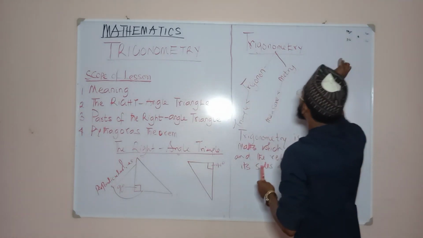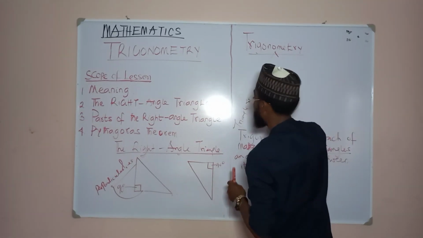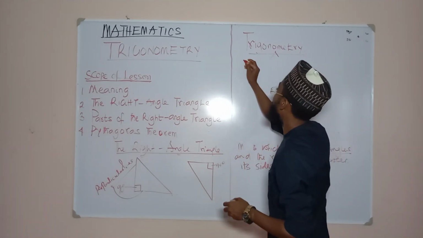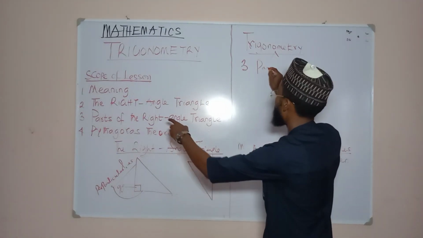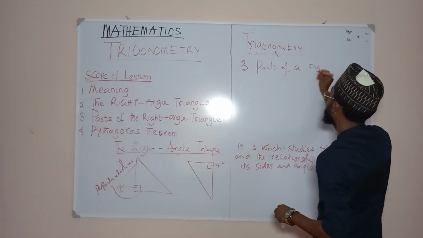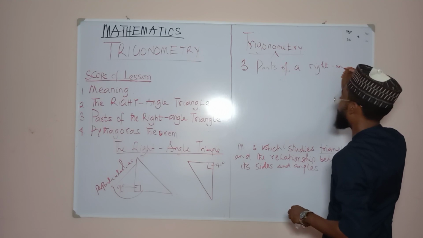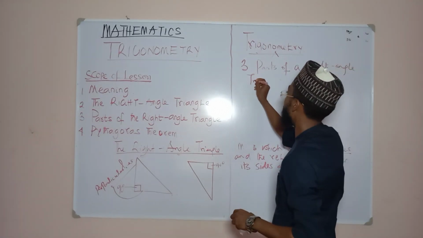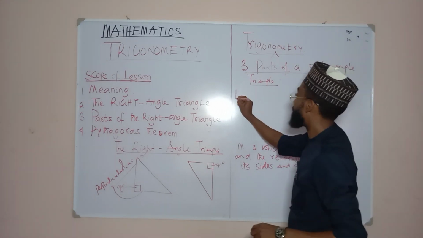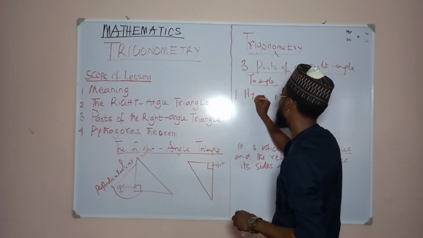We will go forward and talk about the parts of a right angle triangle. There are three parts of a right angle triangle. The first one is called the hypotenuse.